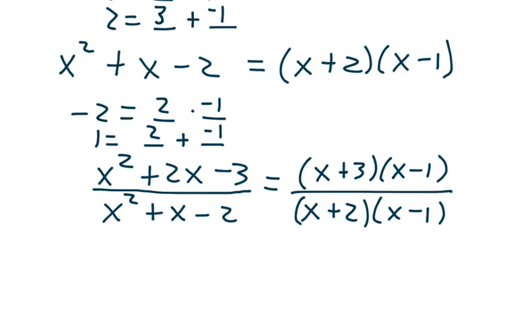That's good. Now, are there any common factors? Yeah, we have x minus 1. So, canceling these, we get x plus 3 over x plus 2. And now our rational expression is simplified.